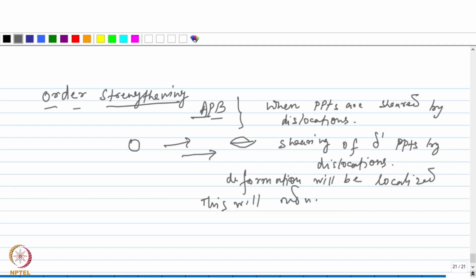Or in other words, the ductility will come down. So this is the reason why this kind of alloys exhibit a low ductility and also low fracture toughness.